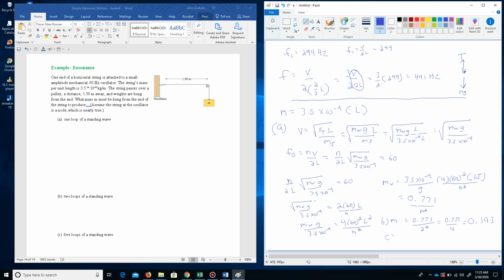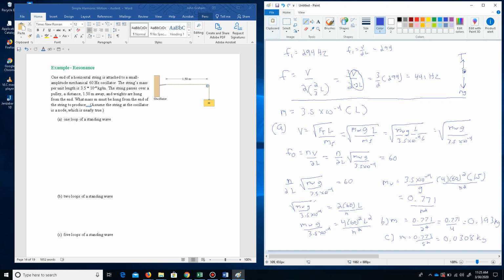And then for C, that's 5. So we do the same thing with the mass as 0.771 over 5 squared, which is 0.0308 kilograms.